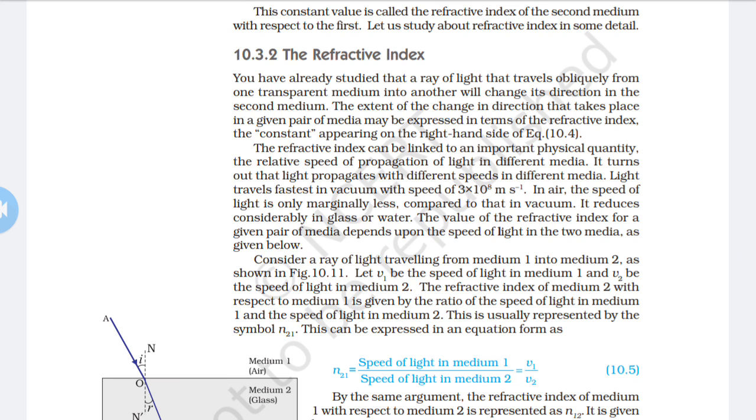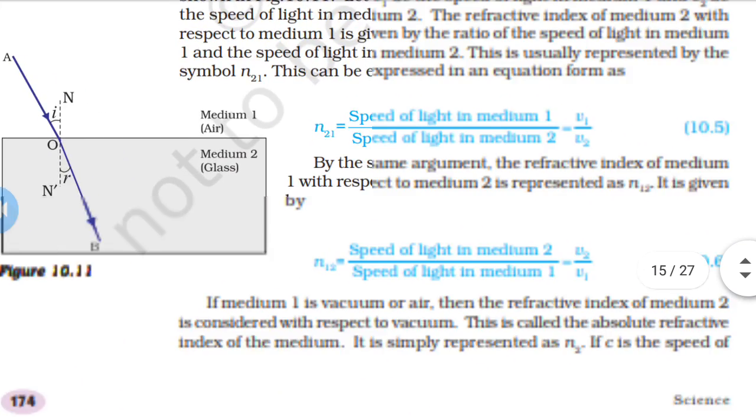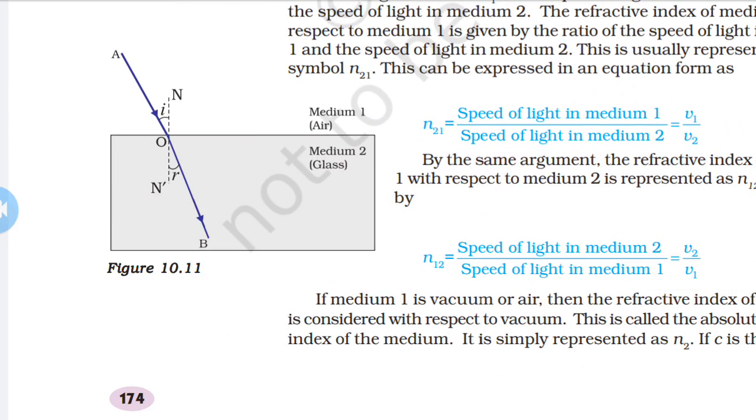For all ordinary purposes, the speed of light in vacuum, as we know, c is equal to 3 into 10 raised to 8 meter per second. In the air, the speed of light is only marginally less compared to that in vacuum. Therefore, the speed of light in air is taken as 3 into 10 raised to 8 meter per second.